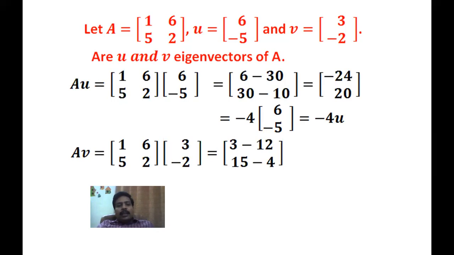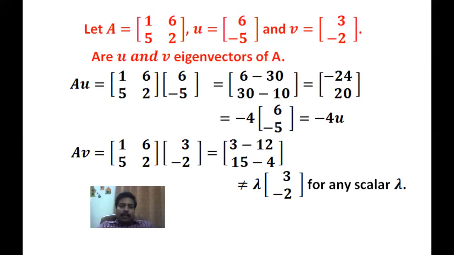Similarly, AV is equal to A times V, where V is (3, -2). So 3 minus 12, and 15 minus 4, which is equal to (-9, 11), but it is not in the form of a scalar multiple of (3, -2). So we can't write it as a scalar multiple of the vector.